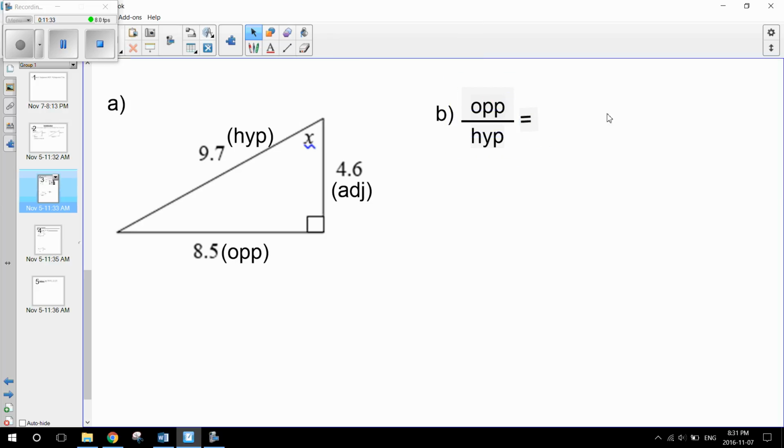So opposite is 8.5 over top of our hypotenuse, and our hypotenuse is 9.7.